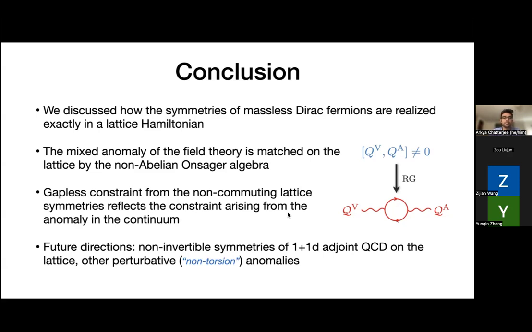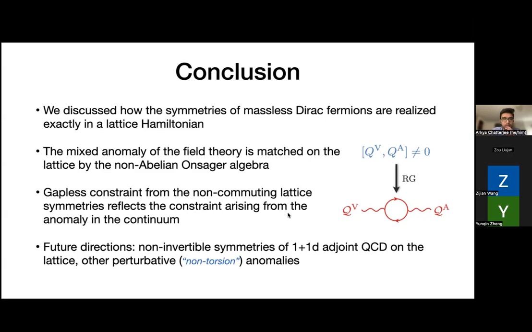There are also other perturbative so-called non-torsion anomalies, more complicated than this U1 times U1, even in 1+1D. They're signaled by various kinds of current commutation relations, morally similar to the Schwinger term. It'll be interesting to see if those can also be realized on the lattice.